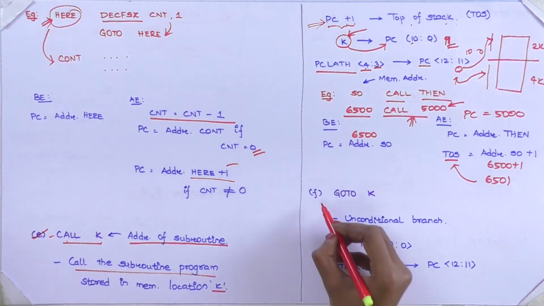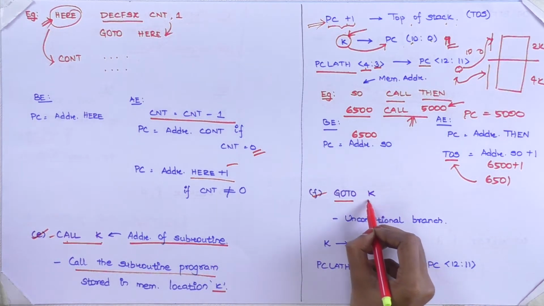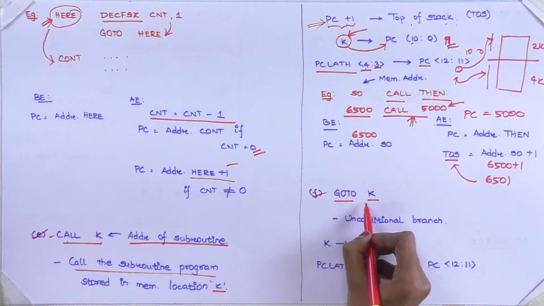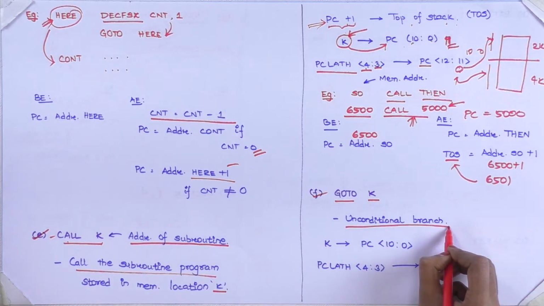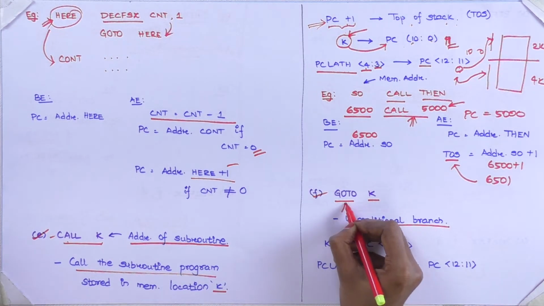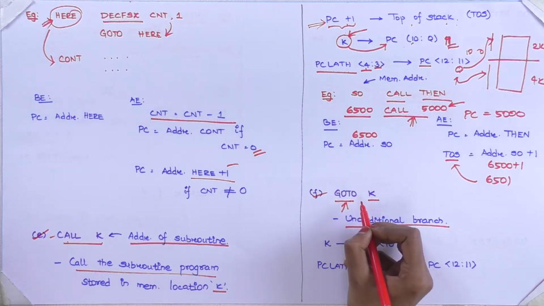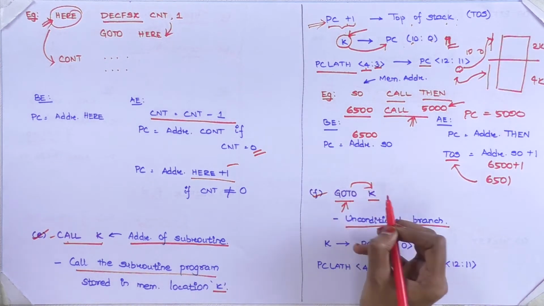Then we discuss GOTO K. This instruction is an unconditional branch. Why do we call it unconditional? In the sense, we didn't mention any condition to jump onto the memory location K. Previously in call instruction we stored the status of the current program in the stack.